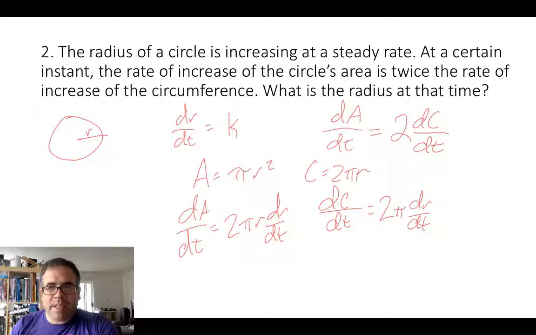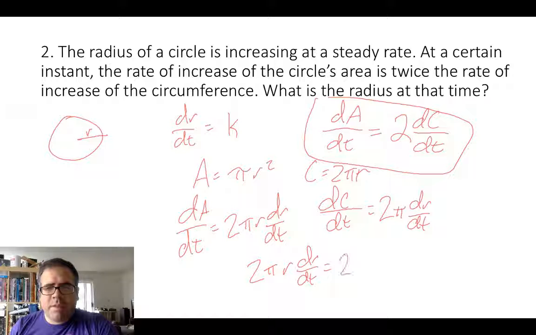And so when you set these according to this bit of information together, we get that 2 pi r dr/dt is equal to 2 times 2 pi dr/dt.